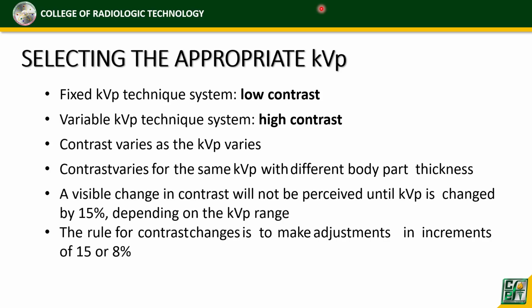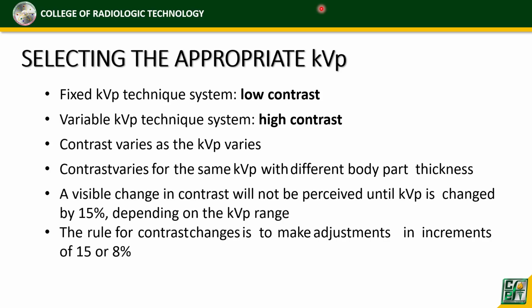Sir, question. Lagi pong ganun pag po bababa. I mean, hindi po dapat increase parehas ang KVP and MAS. Pag po low yung KVP, dapat po mataas yung MAS and vice versa po. Tama po ba? Yes, tama. Kasi kailangan i-compensate, di ba?